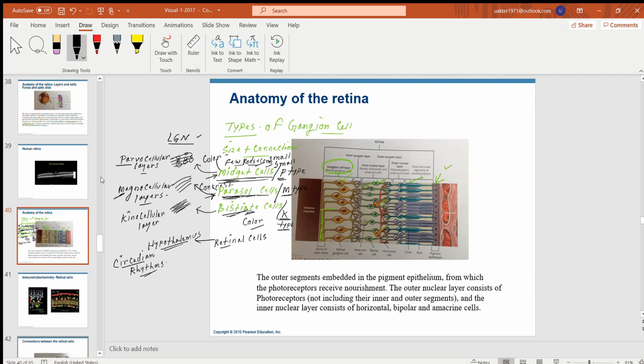Okay, so that is not related to visual or processing or sight, but related to the circadian rhythm.